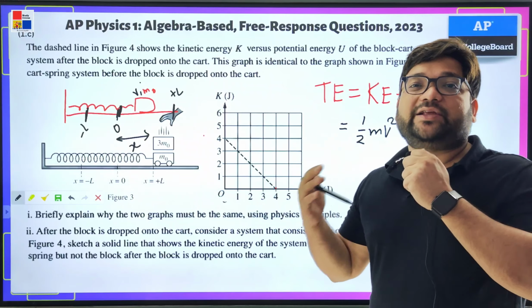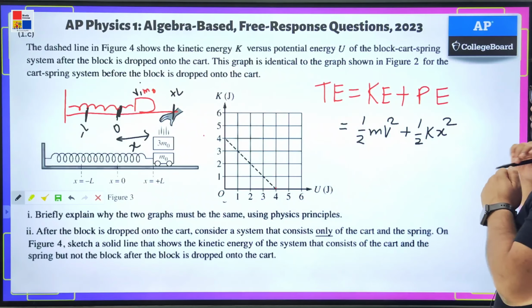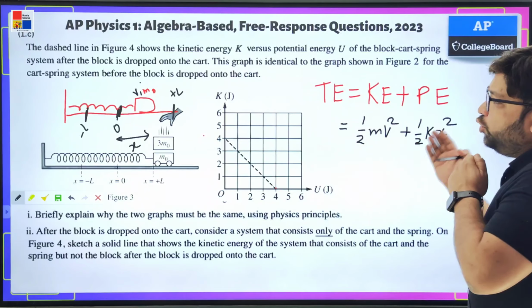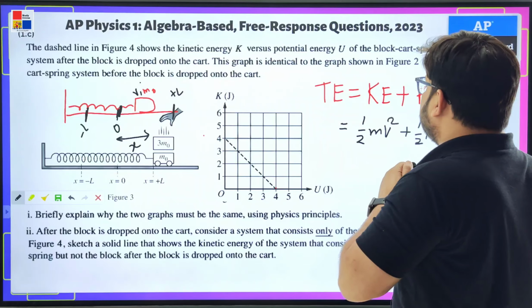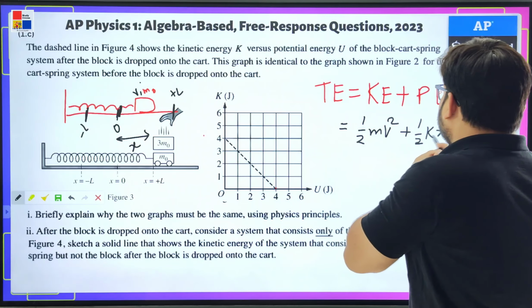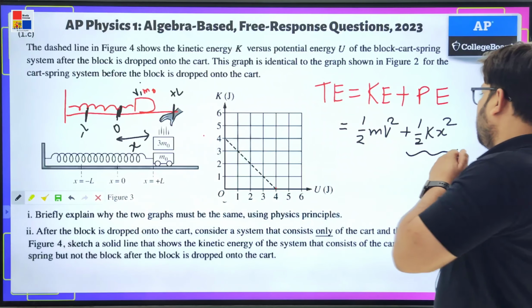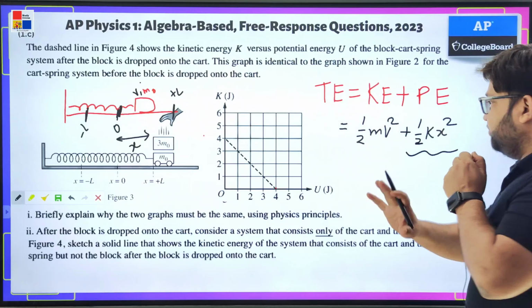The total energy is not changing. So at the extreme position, just see this part, the potential energy of the system, the spring, is not changing.